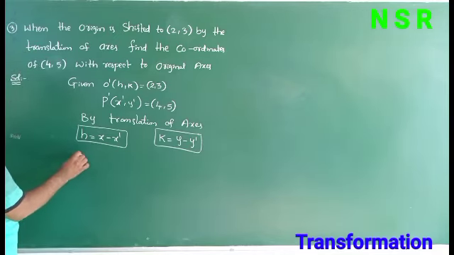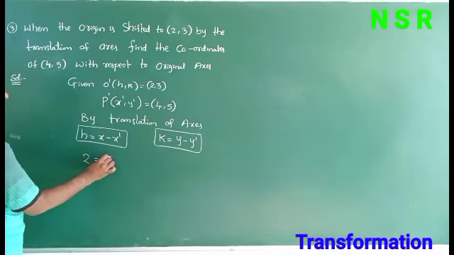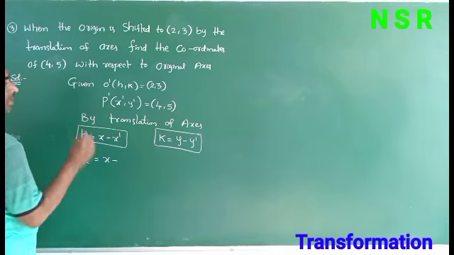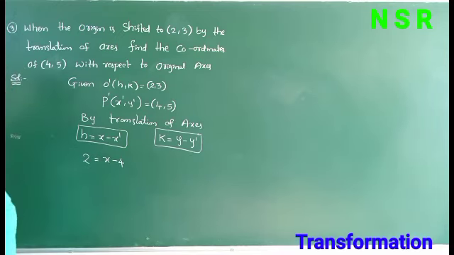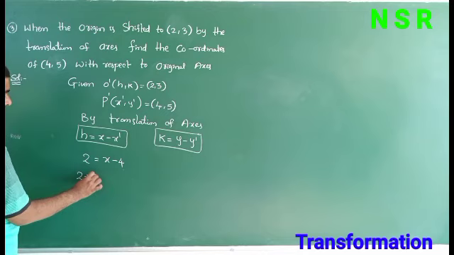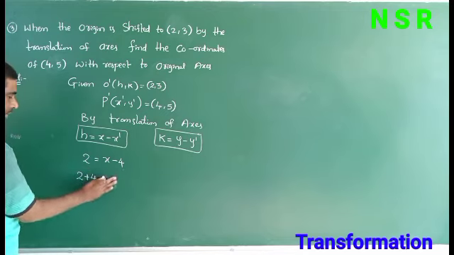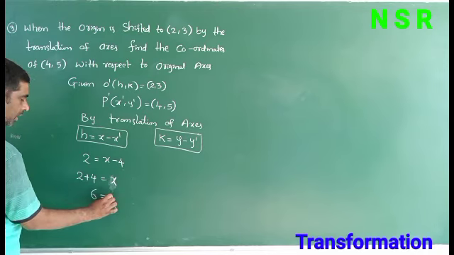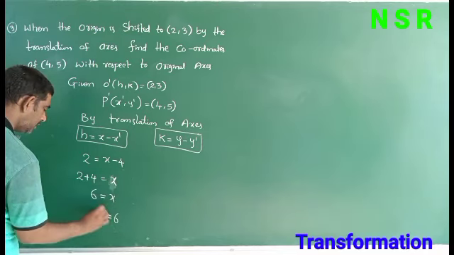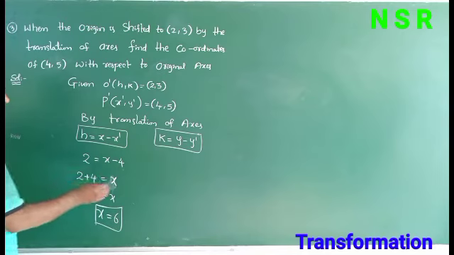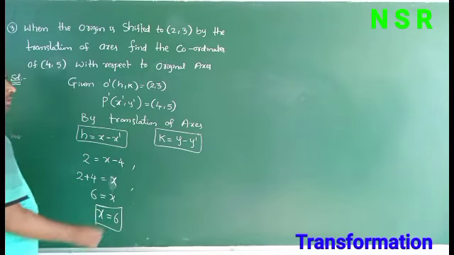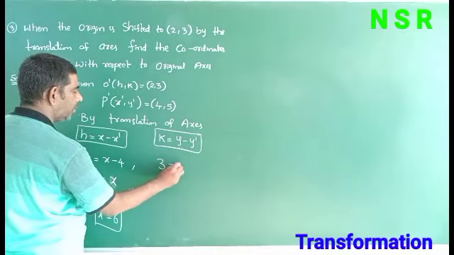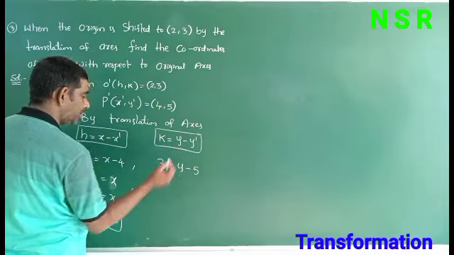Now substitute the values: 2 equal to x minus x dash value 4. Now find the x value: minus 4 move this side, 2 plus 4 equal to x. 2 plus 4 is equal to x. So 2 plus 4, 6 equal to x, that is x is equal to 6. So next here, k value 3 equal to y minus y dash value 5.